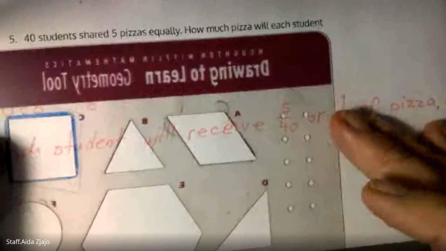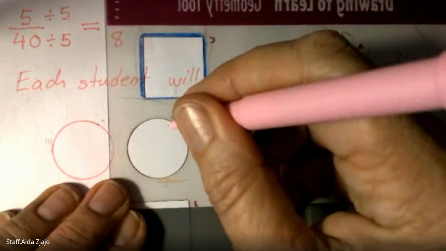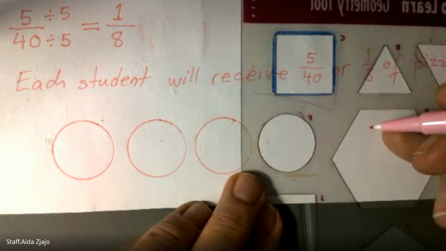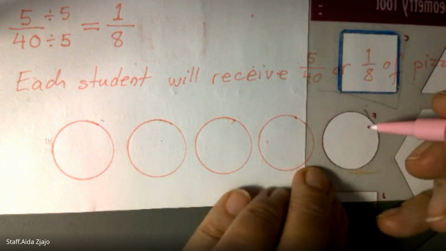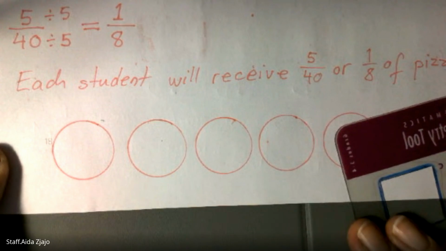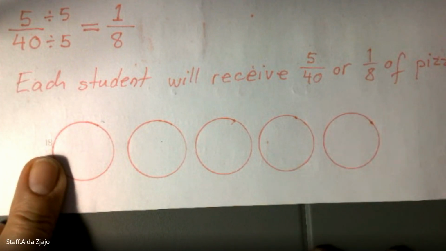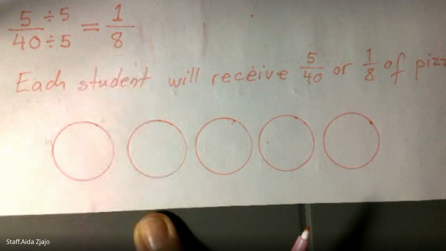Okay, so here is how you can see it pictorially. Let's say I have these 5 pizzas. I can divide them into 40 pieces, but we can make simplified fractions. We can think about 5 times what makes 40. That is 8 pieces.